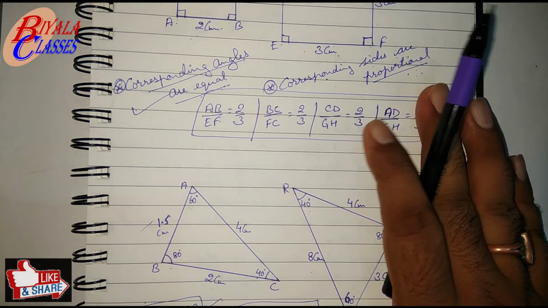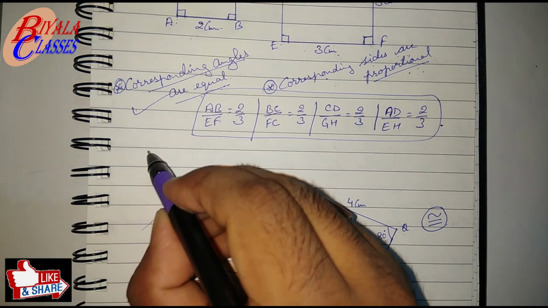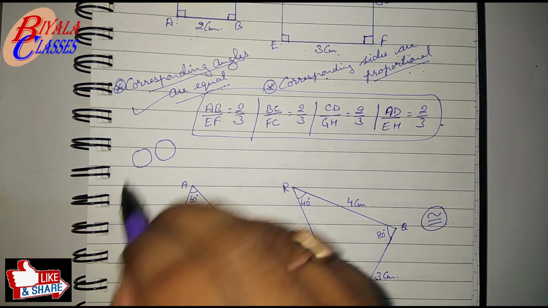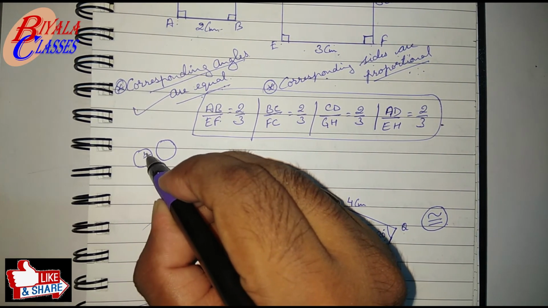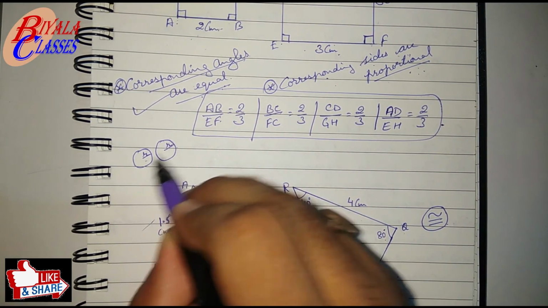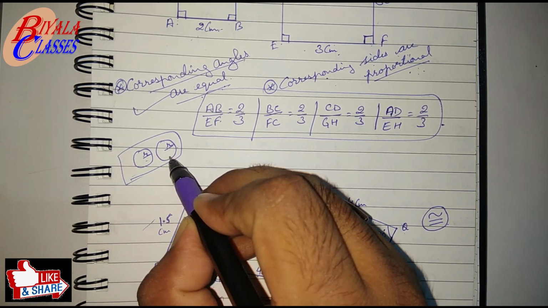This is about the polygons which we are talking about. Other than this, if you have two circles which have the same radii, then we say that these two circles are congruent to each other.